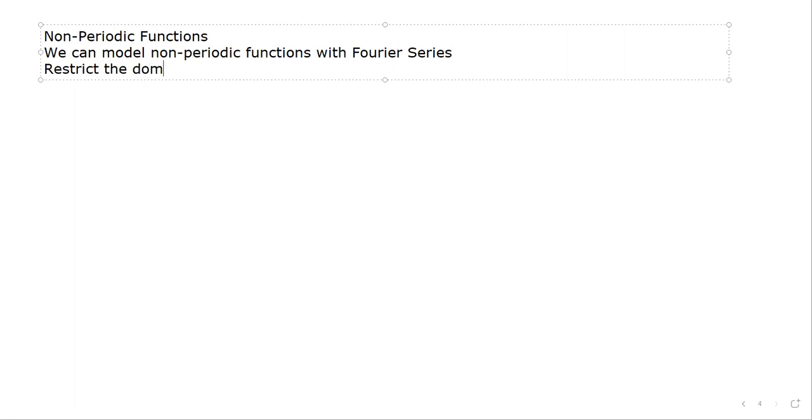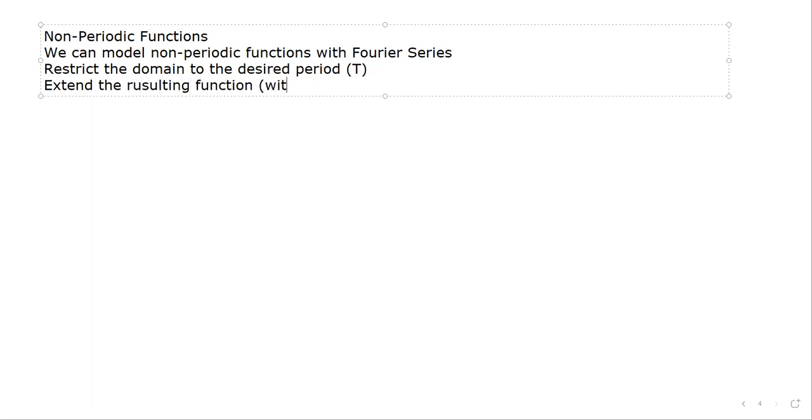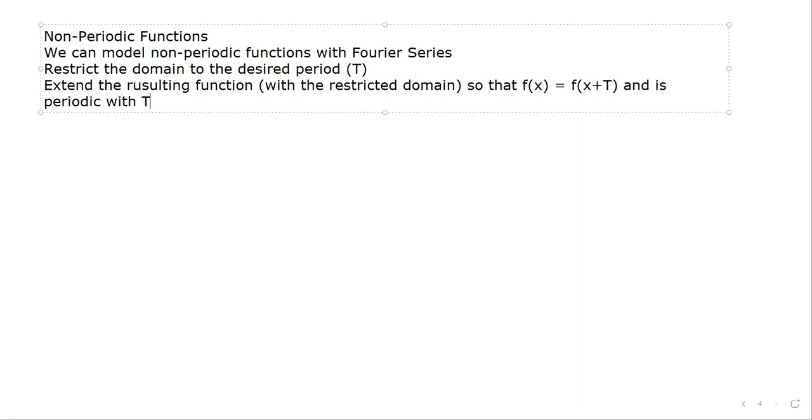Restrict the domain to the desired period T. We extend the resulting function with the restricted domain so that f of x equals f of x plus T and is periodic to L.